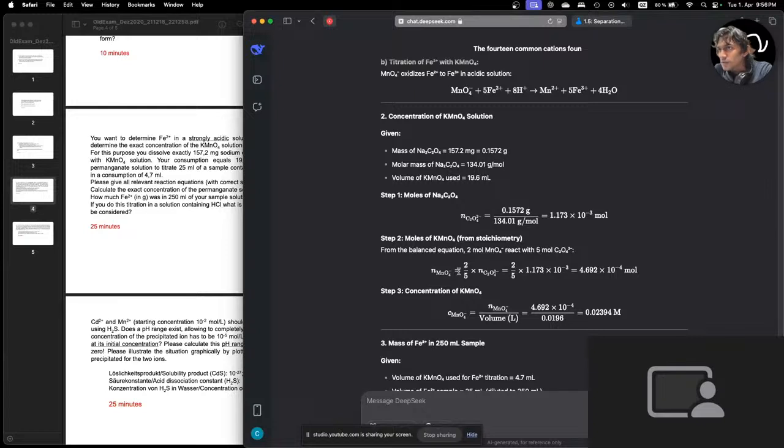Okay, so you're doing the calculations, the number of moles of permanganate. Okay, I get it.